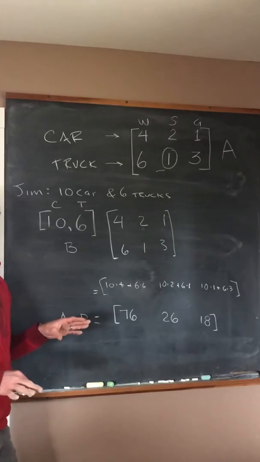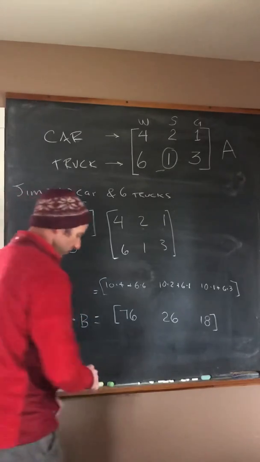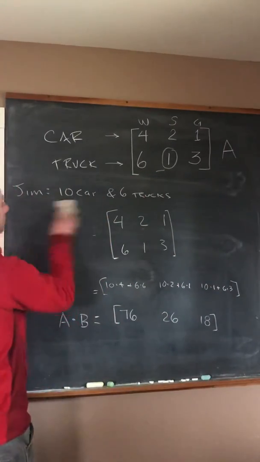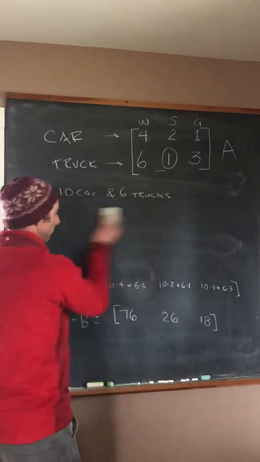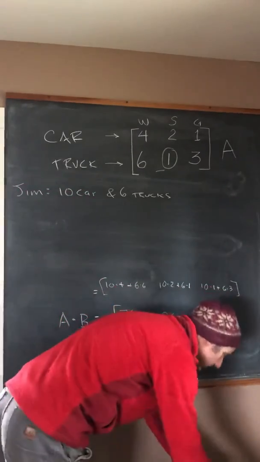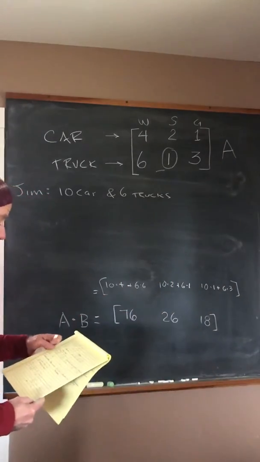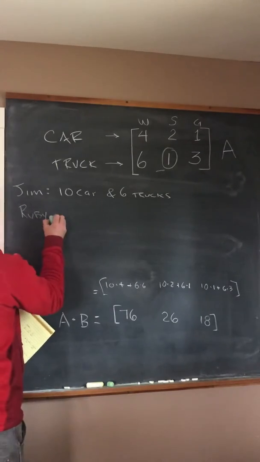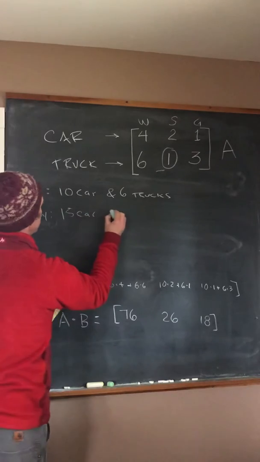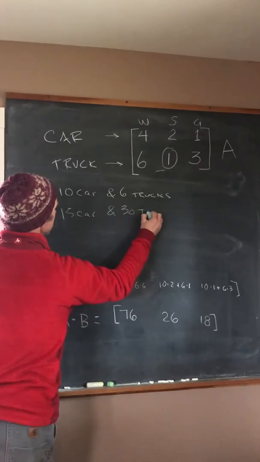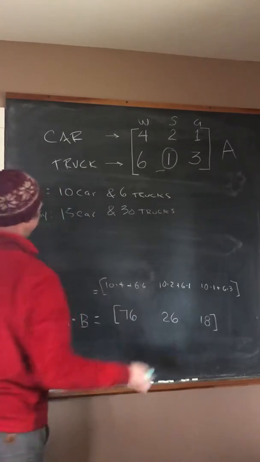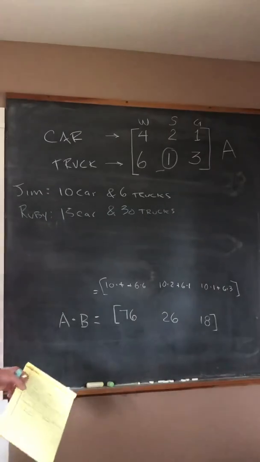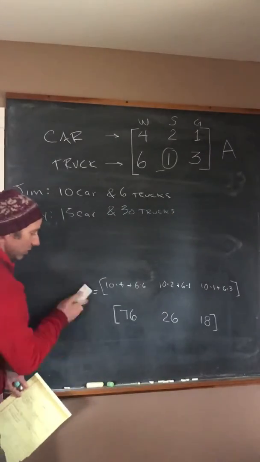What if Ruby comes in and Ruby wants to order something also? So let's do a little erasing here. So now Ruby's coming in. Let's see, what does she want? Ruby wants 15 cars and 30 trucks. Her order really puts Jim to shame, doesn't it? So we're going to do the same thing, but it's a little bit more.